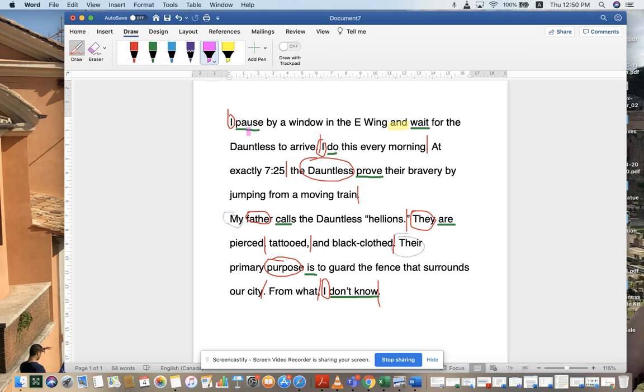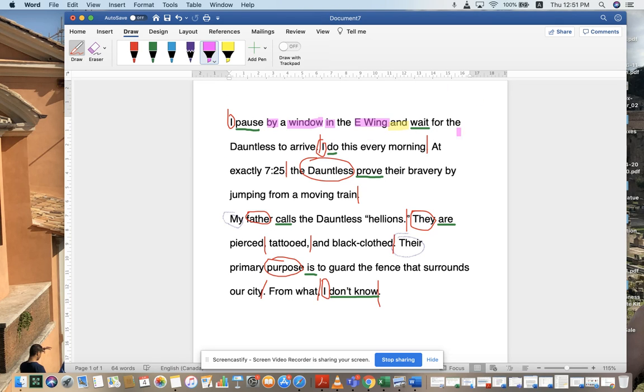So I pause, and remember, pause is a verb of motion. It does not take a direct object, so we have a preposition by, and then window is the object of the preposition. Sorry, I made that a little bit long there. We have the preposition in, and the in what, in Ewing, that's our object of the preposition. And then we have wait, okay? Again, waiting for, not wait for direct objects.